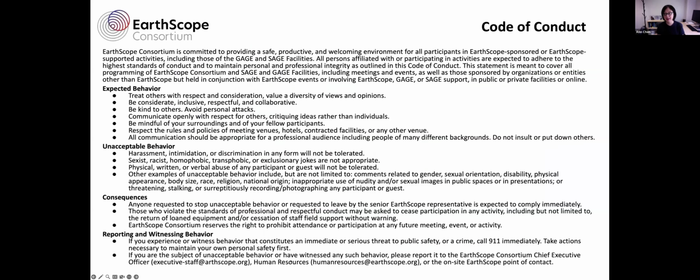And before I hand it to Becca, I would like to mention the course expected behavior. We should treat others with respect and consideration, value diversity of views and opinions, be considerate, inclusive, respectful, and collaborative, be kind to others, avoid personal attacks, communicate openly with respect for others, critique ideas rather than individuals, be mindful of your surroundings and your fellow participants, and respect rules and policies.